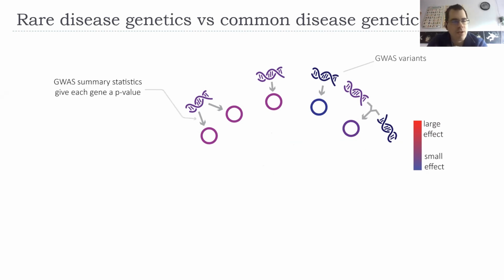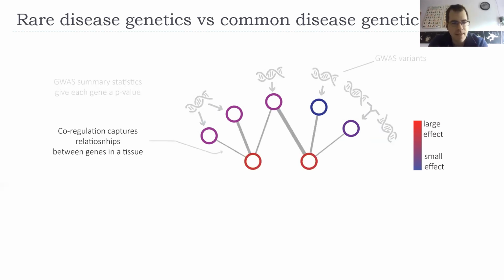So we don't really know how these different genes work together to cause a specific phenotype or phenotypic variation. So what we are doing is we are using GWAS summary statistics. And using these GWAS summary statistics, we're going to go from variant p-values to gene p-values using an existing method, Pascal. After that, we're going to use our co-regulation data, again from these 30,000 RNA sequencing samples, and we're going to try to capture which genes are very often co-expressed with the genes nearby these GWAS hits, so the genes with a very small gene p-value.